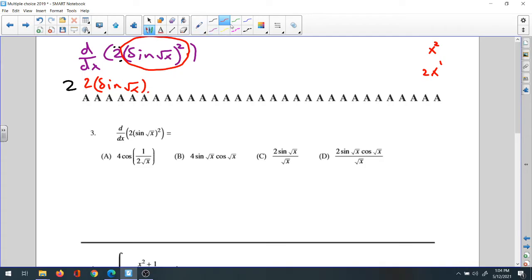Times. We go deeply inside the second function, which is sine. Sine of something. Sine of square root of x. The derivative of sine is cosine square root of x. And when you finish that, you go deeply inside again and again. We'll do the derivative of square root of x in here. Square root of x is x exponent a half.